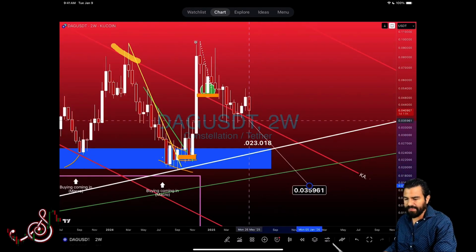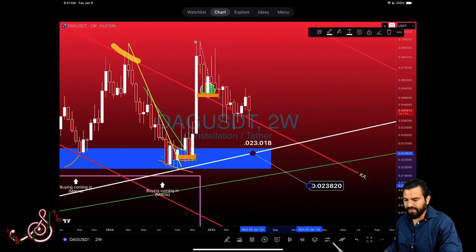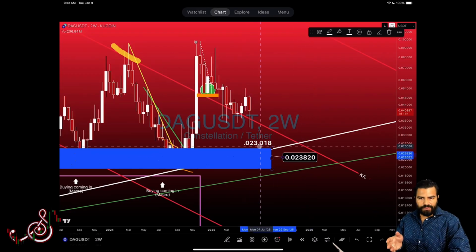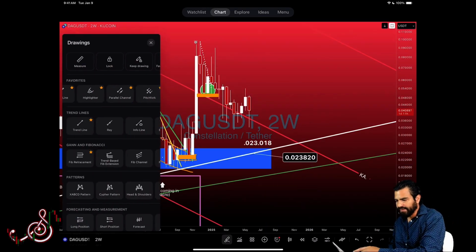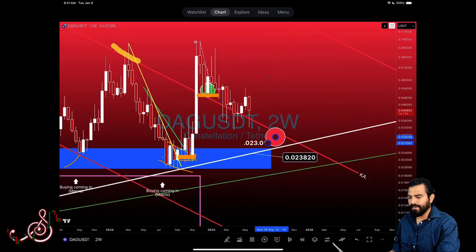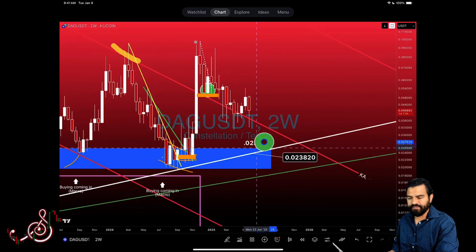Right now, if price were to fall in the next 2 weeks, we're looking for it to fall to 0.0238. That would be where the support is. You can make a conclusion just based on a single line that if price falls there, you're looking to see it as good prices.